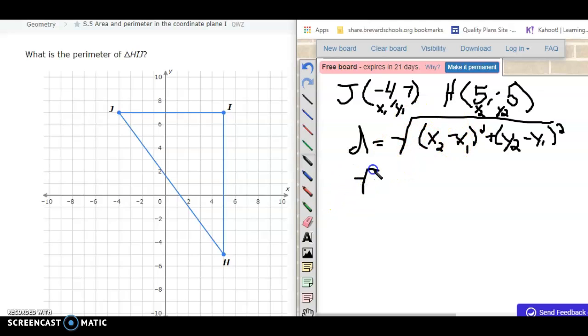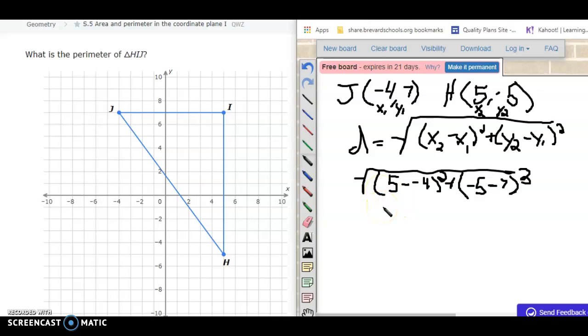So I have the square root of x2. Well, x2 was 5 minus x1. x1 is -4. Plus my y2, which was -5, minus y1, which was 7, squared. So I'm now going to go through and solve these.